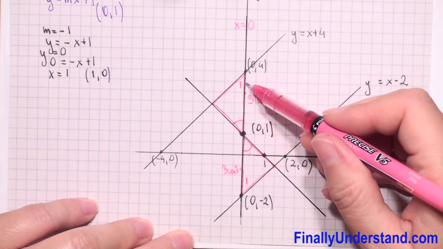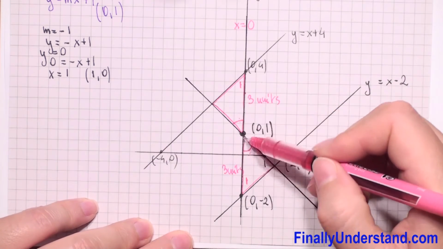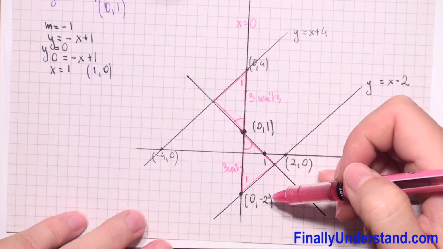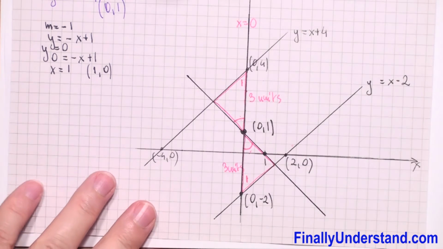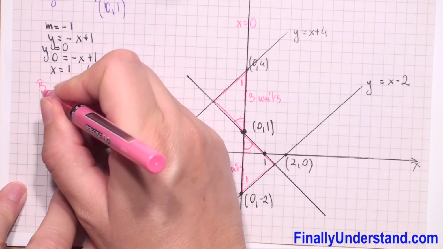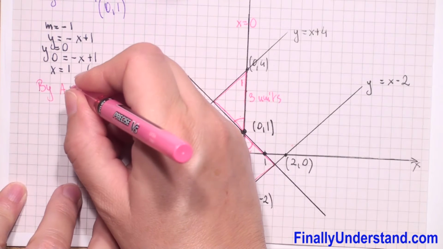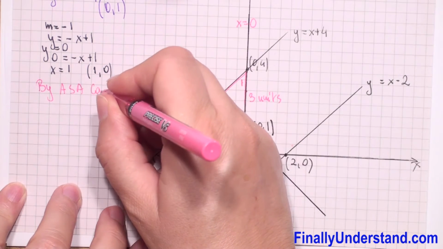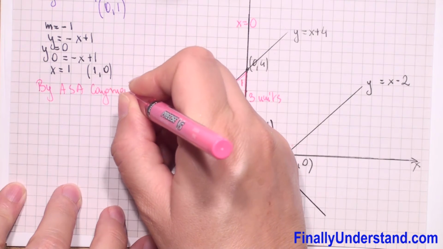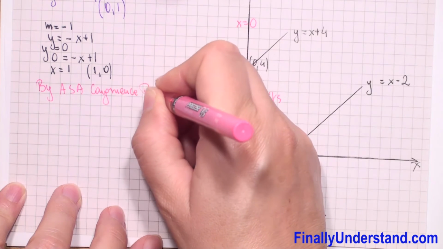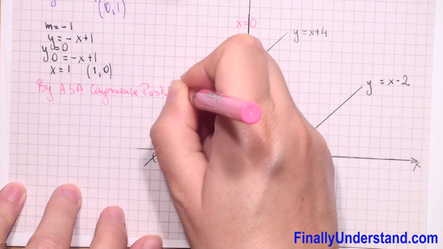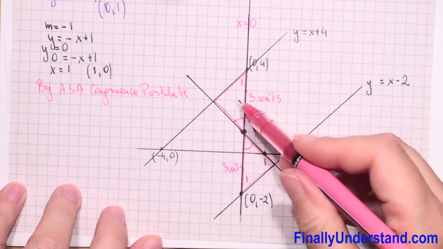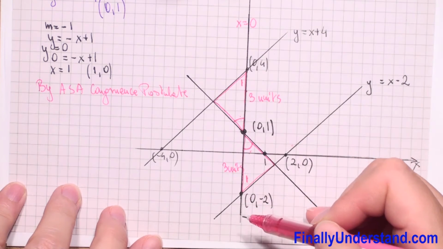It means that our 2 triangles are congruent too by the angle-side-angle congruence postulate.